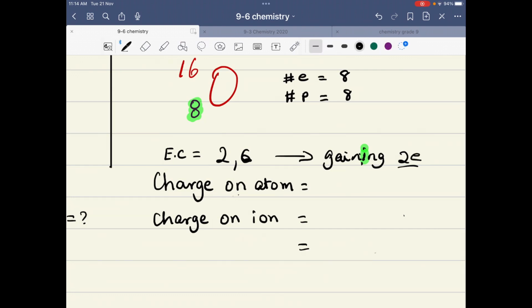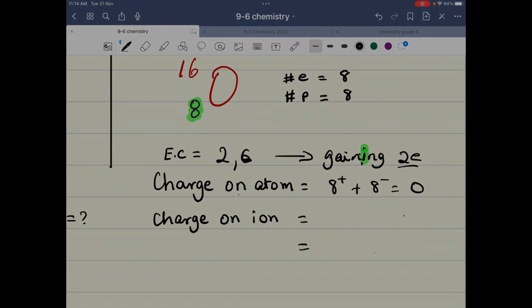Let's go down to determining the charges. Originally the oxygen atom has 8 protons and 8 electrons, giving an overall charge of 0.